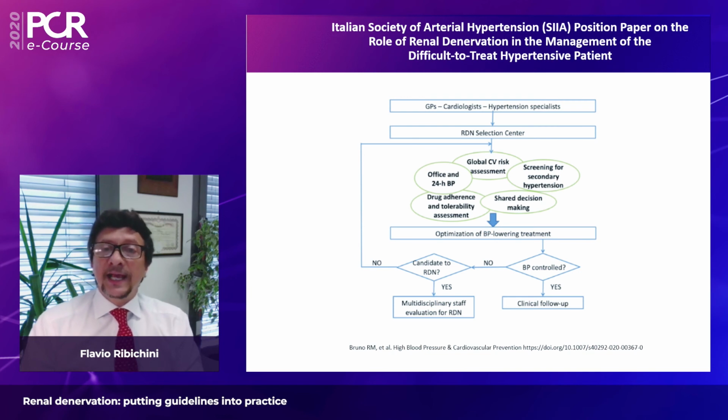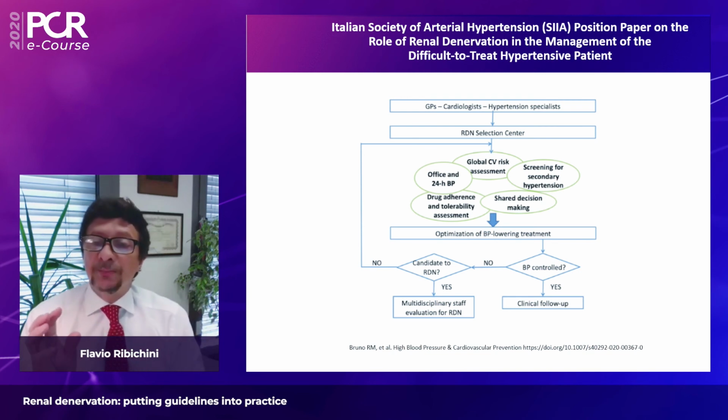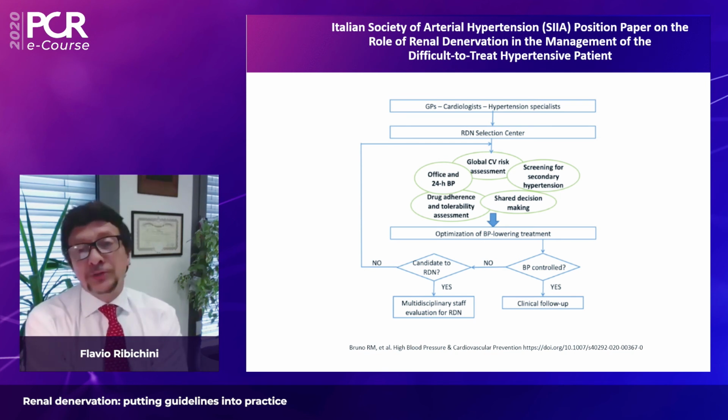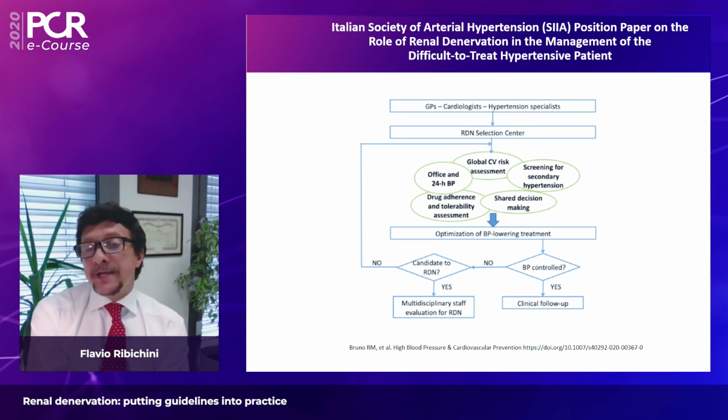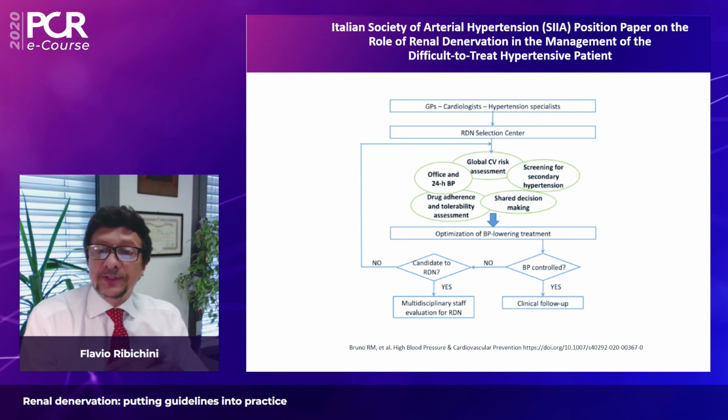As a conclusion, the Italian document proposed a multidisciplinary evaluation of these difficult to treat patients in a renal denervation center, which has both the expertise of the technique and the expertise on the management of these patients, after a global cardiovascular risk assessment, the screening for secondary hypertension, an accurate measurement of the blood pressure, and the control of drug adherence and tolerability, to reach a shared decision making.